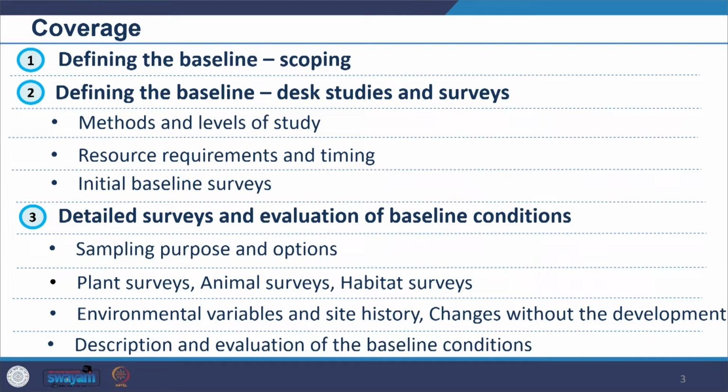Then we'll look into how one also uses environmental factors and looks into site history, and how we look into the changes with or without development, the proposed project, and then how we present, describe, and evaluate all these baseline conditions.